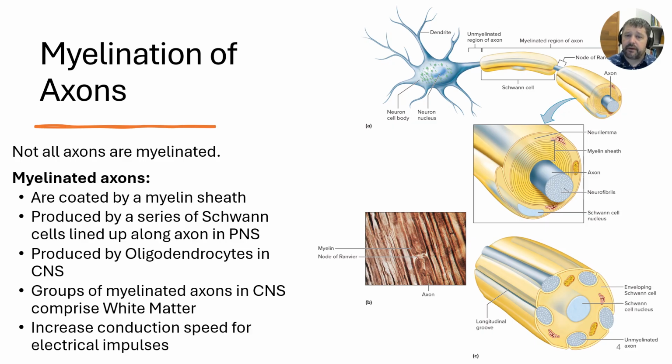A lot of autoimmune disorders or diseases are the result of the myelin sheath being destroyed. Either the immune system eats away at it, or in some cases, maybe genetically, the oligodendrocytes are not that good at laying down myelin.